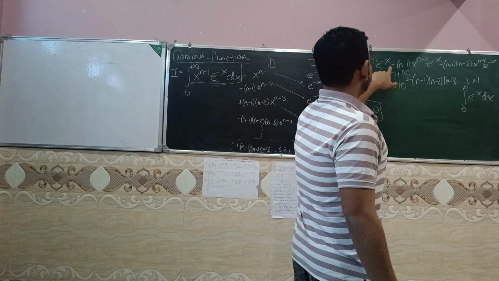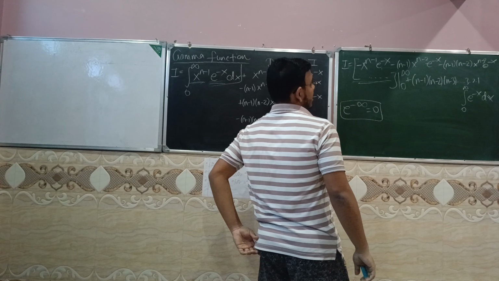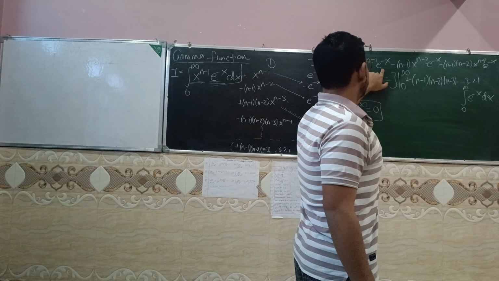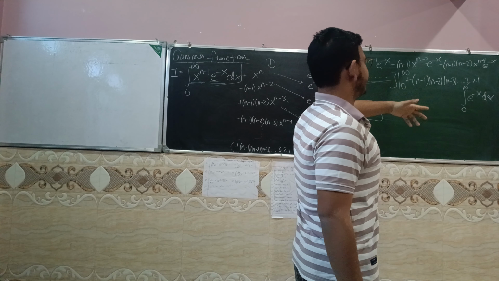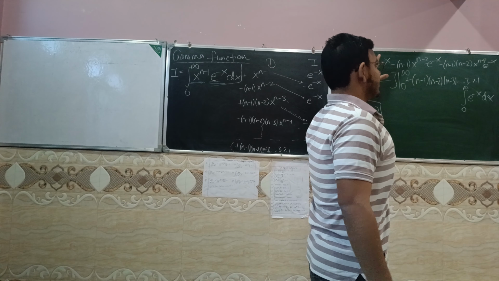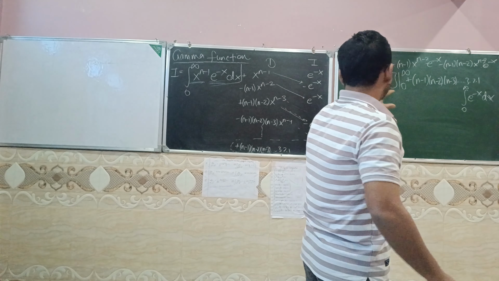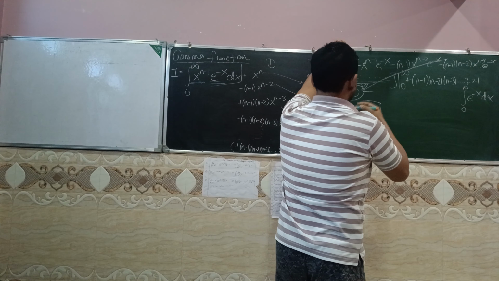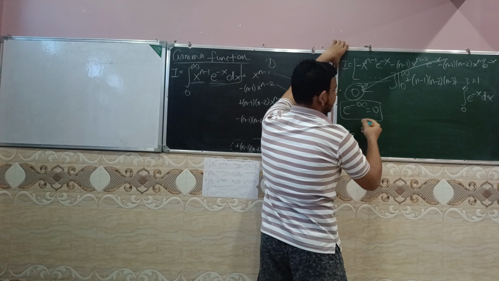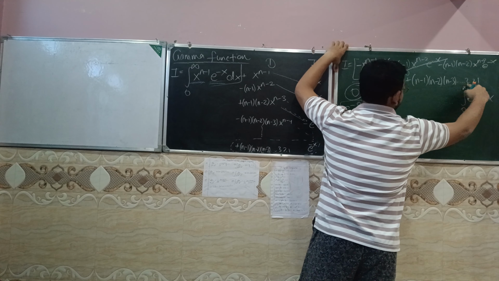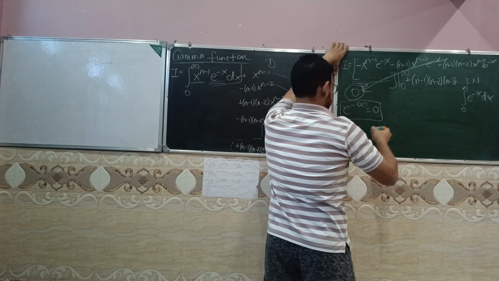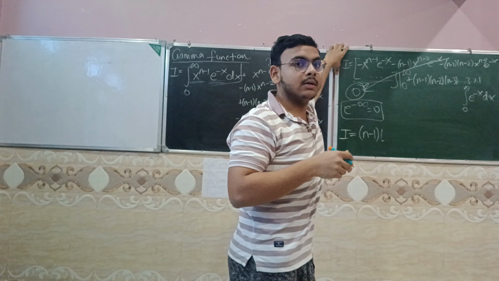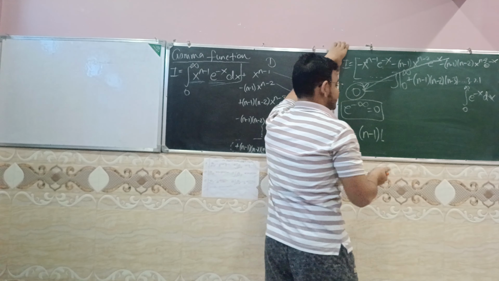When you plug infinity inside this parenthesis, this becomes e to the negative infinity times anything, which is 0, so everything is going to be 0. So we're just going to be left with our I, which is n minus 1 factorial. This is a representation.